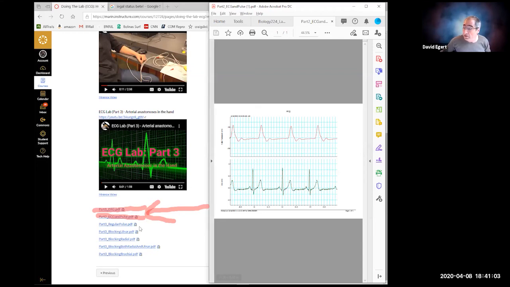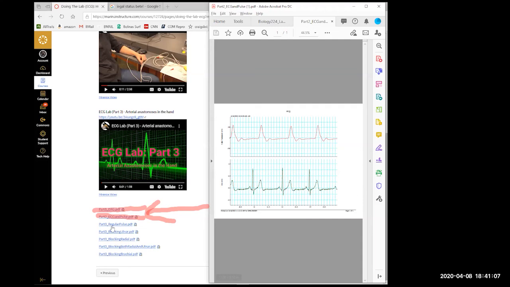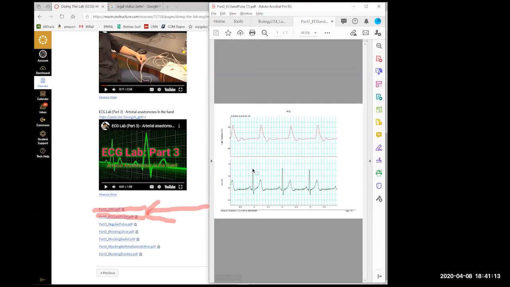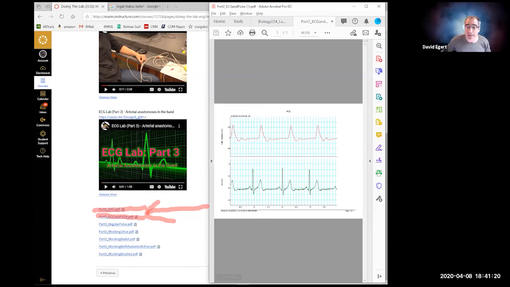So on the QRS, where do you put the marker? We just put it right at the top of the QRS. And you measure to the top of the transducer line. That's basically what we were doing there.